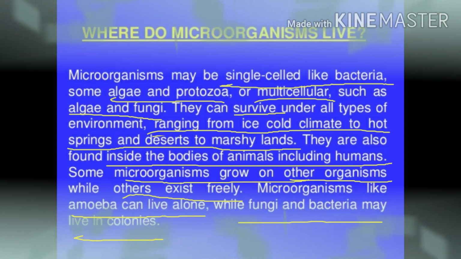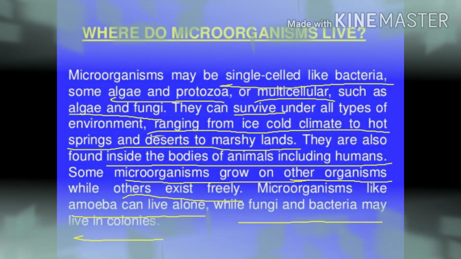Microorganisms like amoeba can live alone, while fungi and bacteria may live in colonies. Here, colonies is nothing but groups. Here, the number of cells in microorganisms may vary from single cell to multiple cells. In single cell, bacteria and some of the algae and protozoa come, and algae and fungi come under the multicellular organisms. Here, the single-celled organisms and multicellular organisms differ.